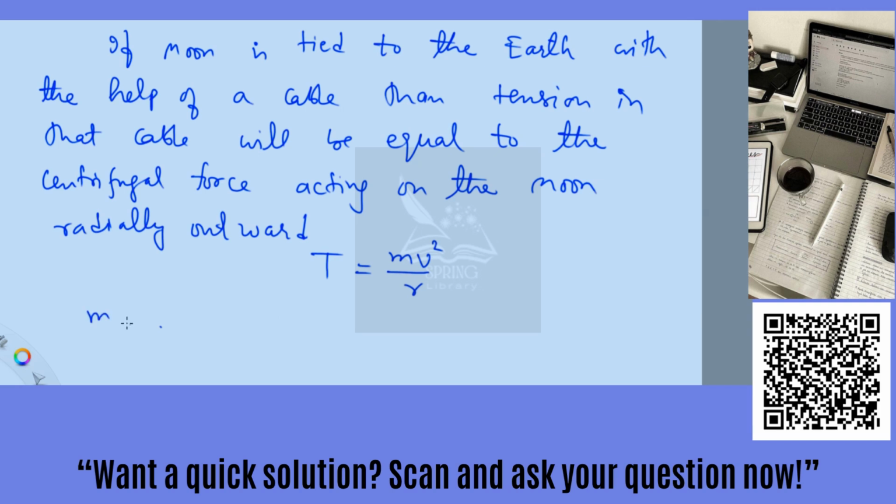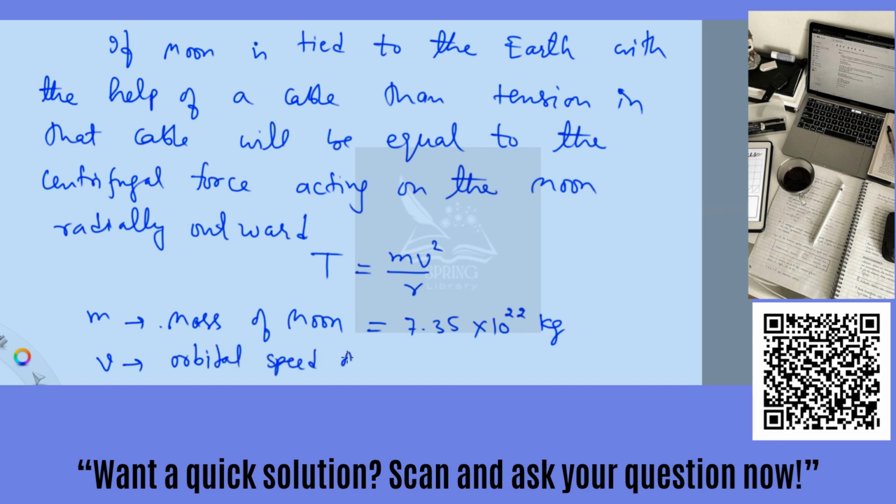Here, m is the mass of the moon, which we found to be 7.35 into 10 raised to the power 22 kilogram. v is the orbital speed of the moon around the earth, which is found to be 1.022 kilometer per second.